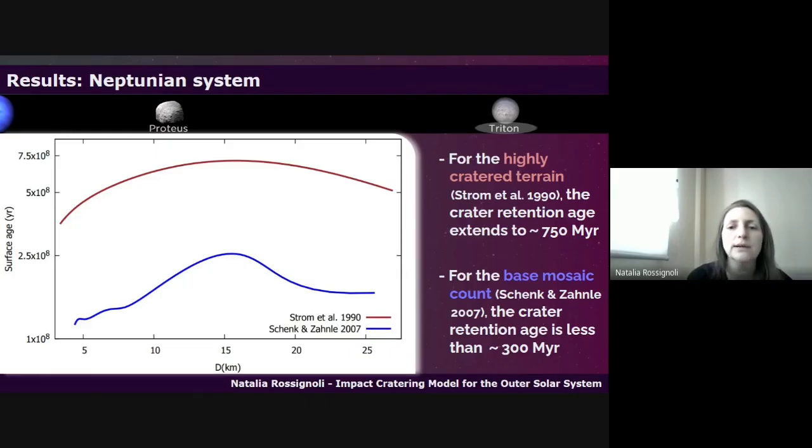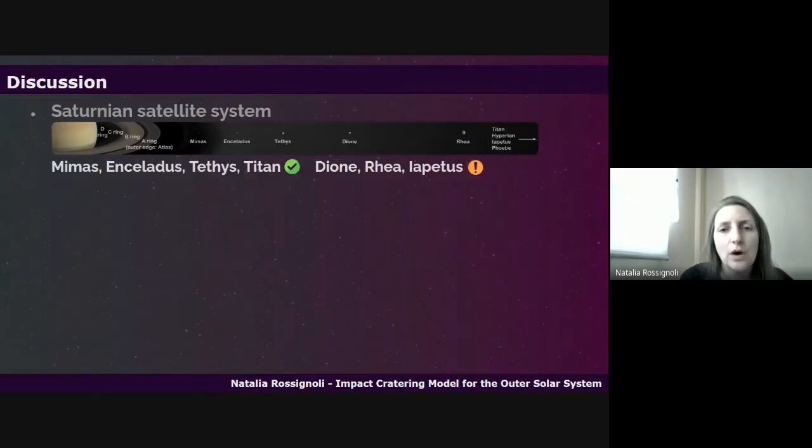So in general, the study of the surface age is very tricky because it's dependent on the model you use, on the temporal model you use, but we think that we have obtained very interesting results in the case of this satellite.